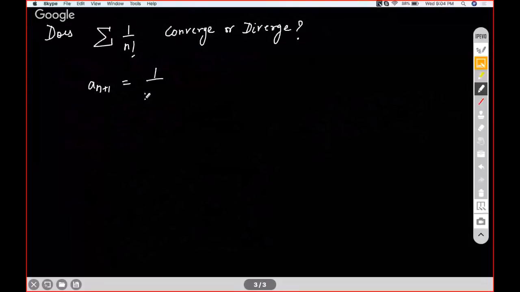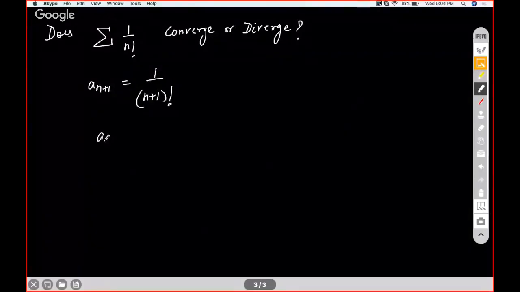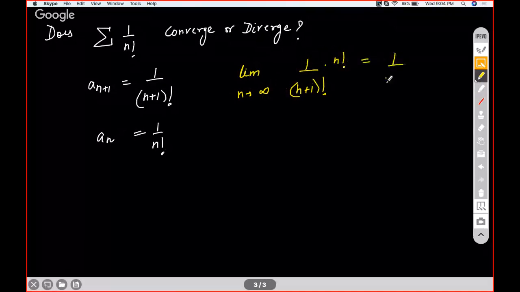An is 1 by n factorial. And now I'll find the limit of an plus 1 by an, that is 1 by n plus 1 factorial divided by 1 by n factorial, which will be 1 by n plus 1. And as n becomes very, very large, this term will become 0. So since 0 is less than 1, it would be a convergent series. Is that fine? Okay.